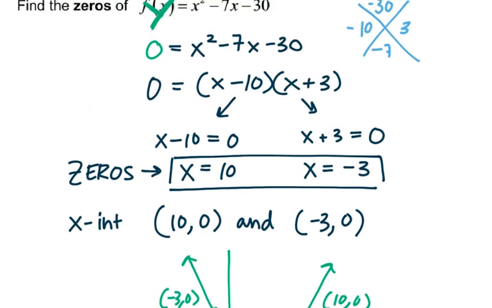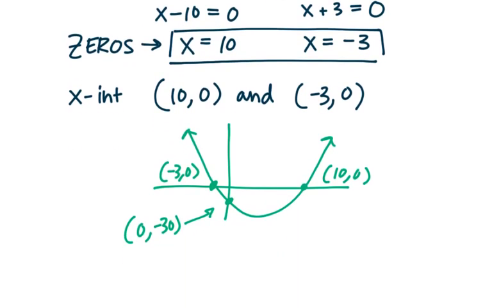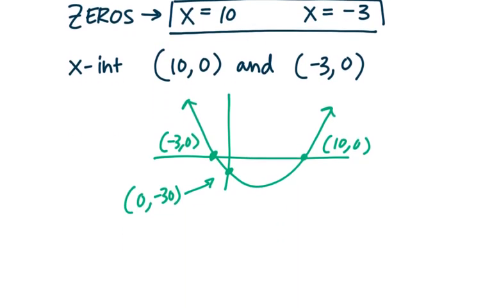And I pulled that negative 30 just from looking at the constant term in the given function. So this is the idea of what our graph looks like, obviously not drawn to scale. But hopefully that makes sense, and you can connect those ideas.